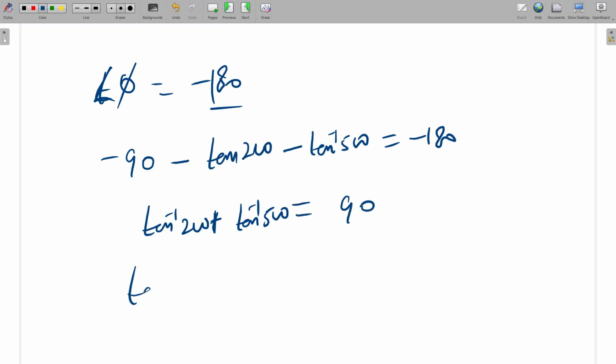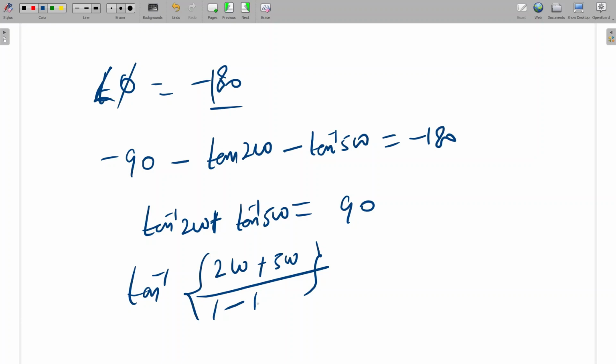This we can write as tan inverse of (2 omega plus 5 omega) divided by (1 minus 10 omega square) is equal to 90. So for tan of 90, the denominator should be equal to 0.